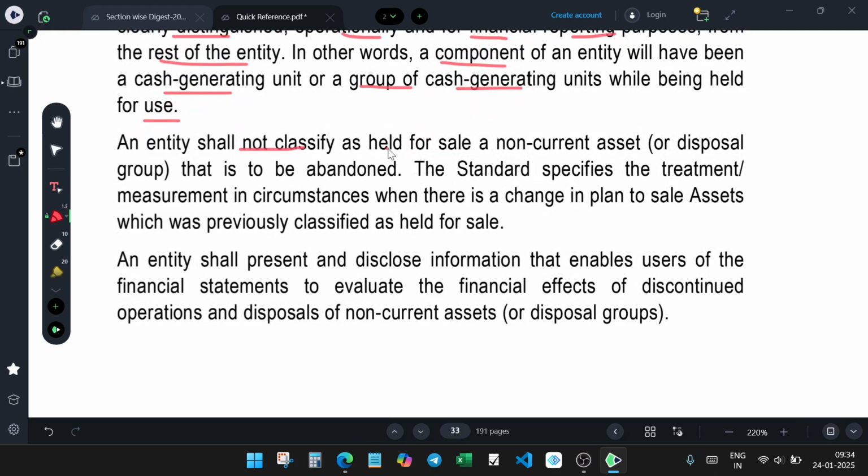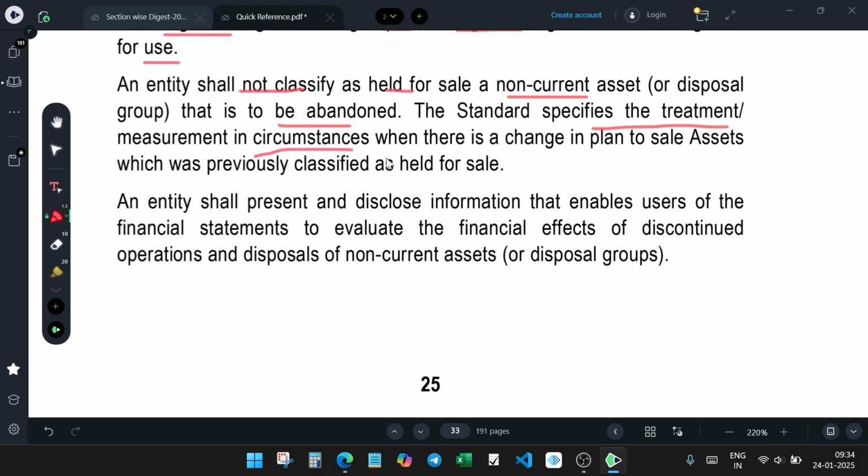An entity shall not classify as held for sale a non-current asset that is to be abandoned. So you can't have any non-current asset which is abandoned or not able to be sold. The standard specifies a specific treatment and measurement for circumstances when there is a change in the plan to sell an asset previously classified as held for sale.